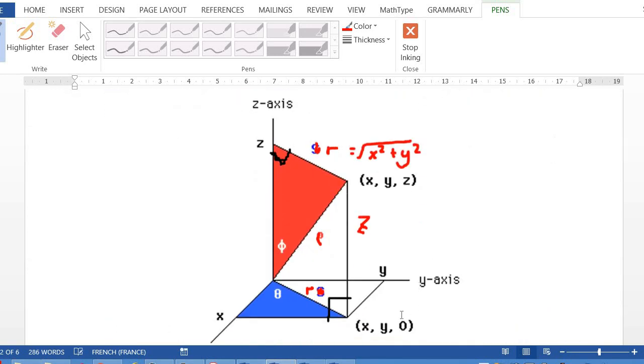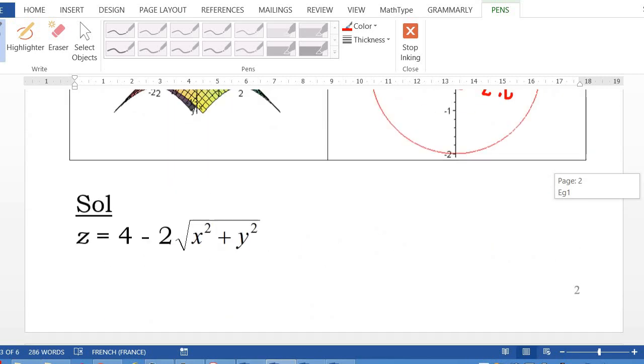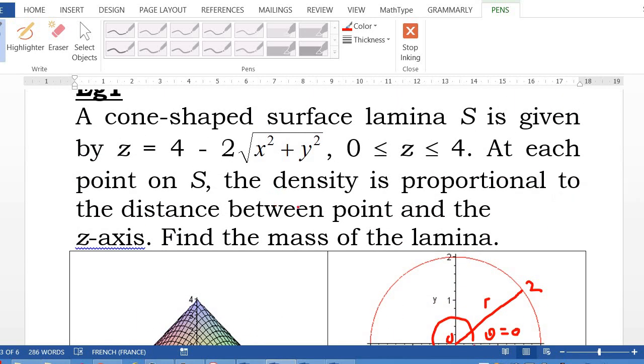Okay, let's say we have this: this is the x-axis, this is the y-axis, and vertical is the z-axis. On the xy plane, this is a point (x, y, 0). When you raise it up by z units of height, you have the point (x, y, z). So the density is proportional to the distance between the point (x, y, z) and the z-axis.